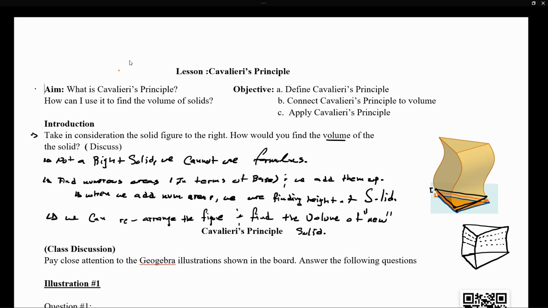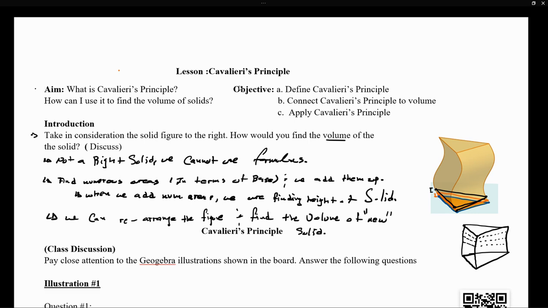That's another strategy that we could have used. And there are different ways that we can think about how to find the volume of a solid that is curved. But what exactly is Cavalieri's principle? Cavalieri's principle is going to help us answer this question: how can we find the volume of solids that are curved or slanted?